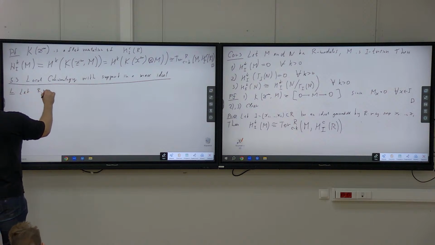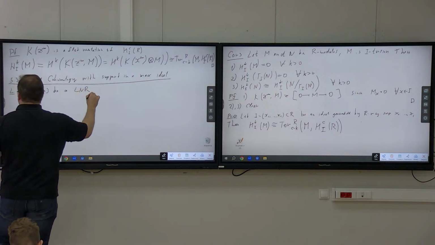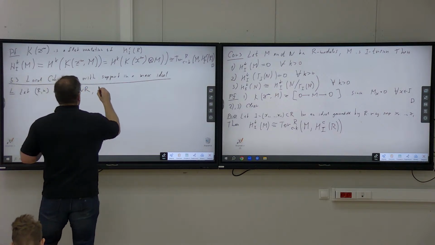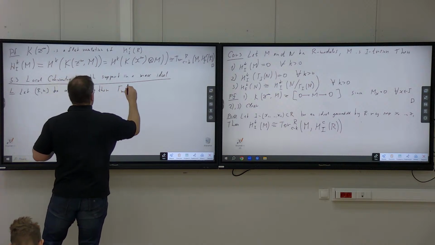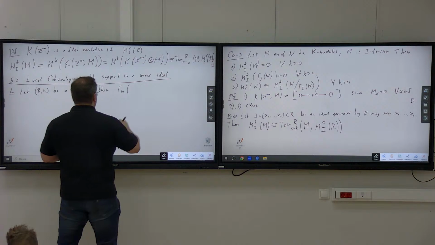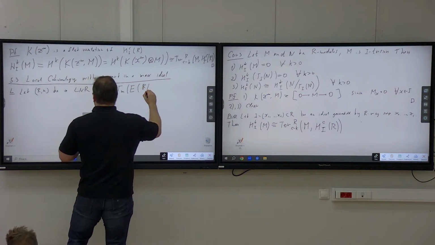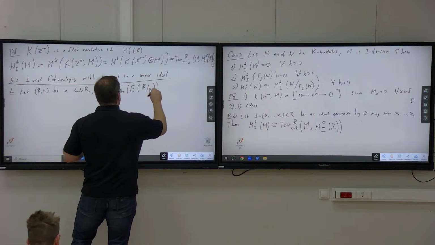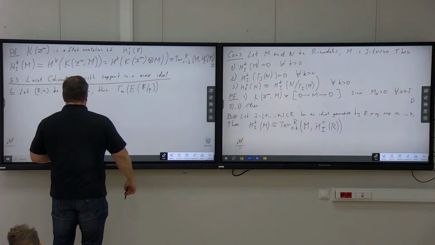Let (R, m) be a local Noetherian ring. Then we can explicitly compute the torsion functor Γ_m on the injective hull of R/P for some prime ideal. Okay.